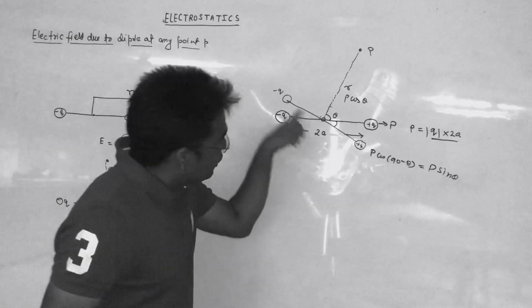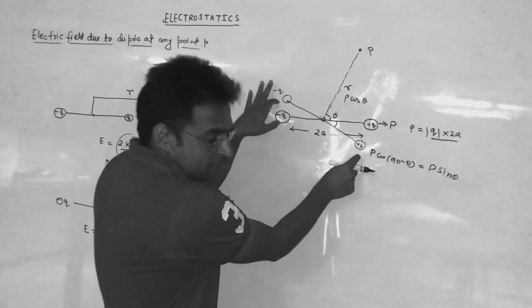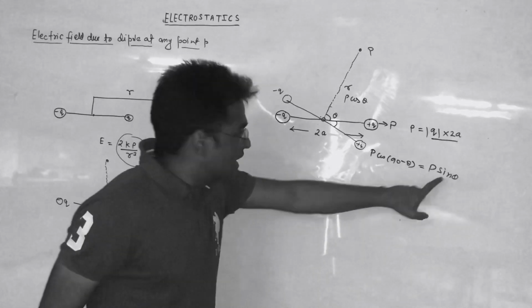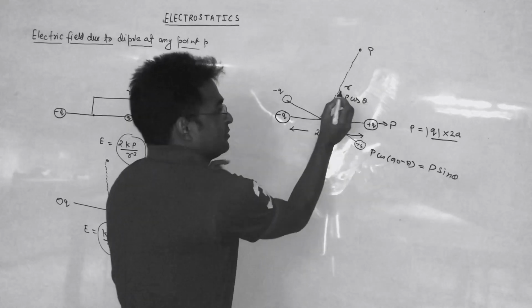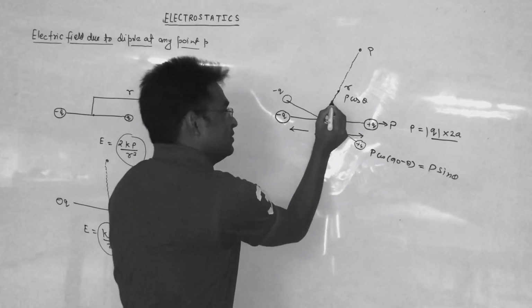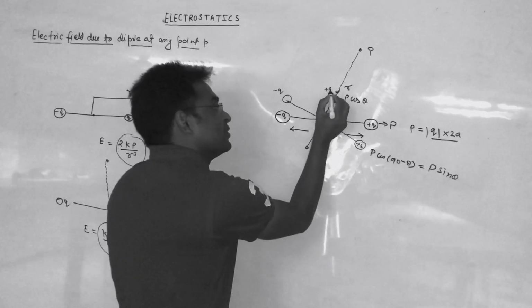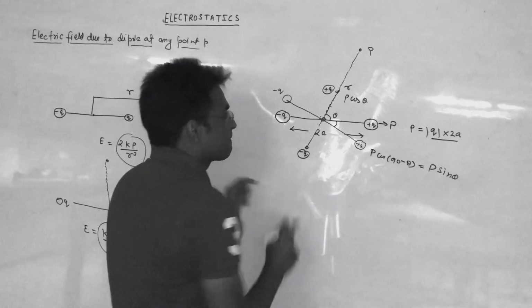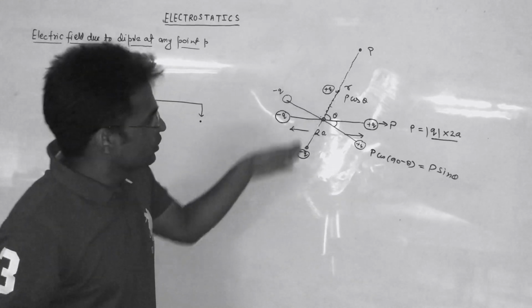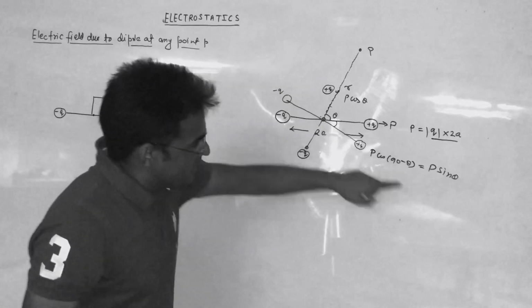So the component of this p along this line will be p sin theta, and the component of this p along the other line we can divide like this. So this is plus q and this one minus q. So along this line it is p cos theta, and along this line it is p sin theta.